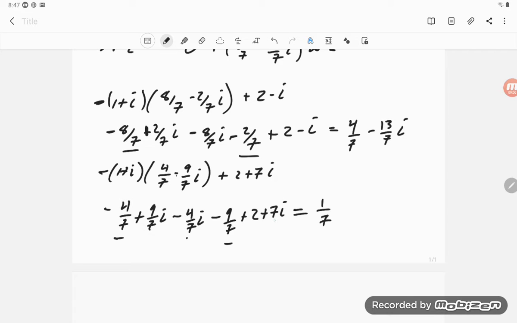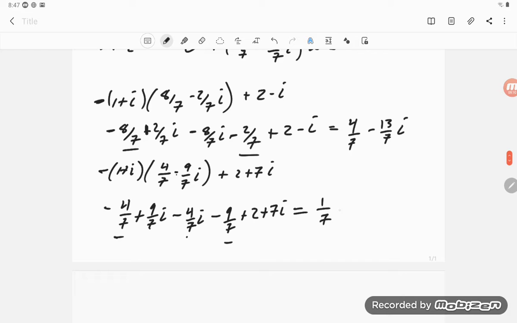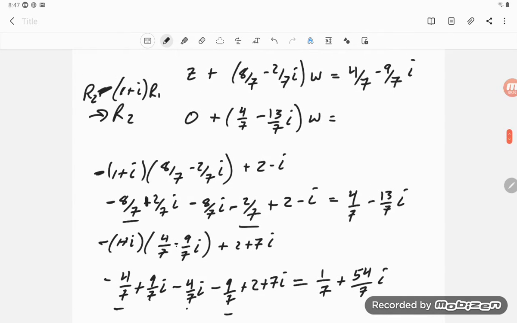And 49/7. 49 and 5 is 54, so plus 54 over 7 i. Okay, so I have 1/7 plus 54 over 7 i.